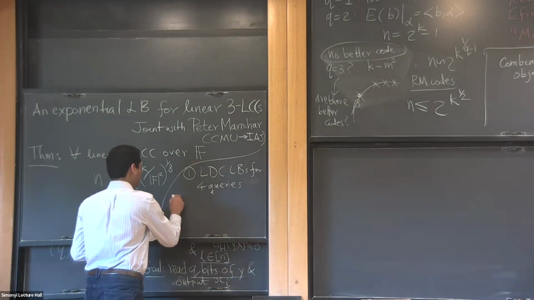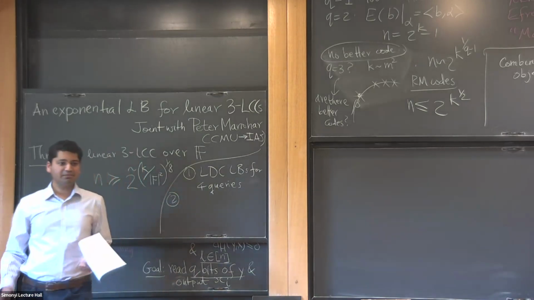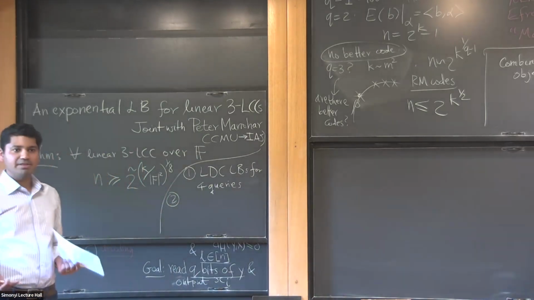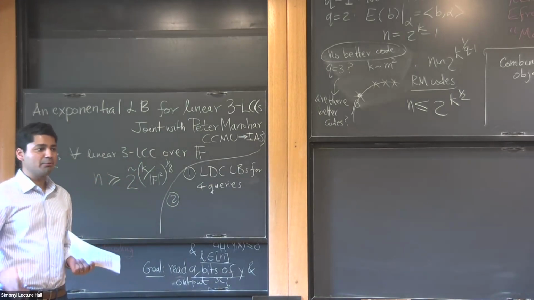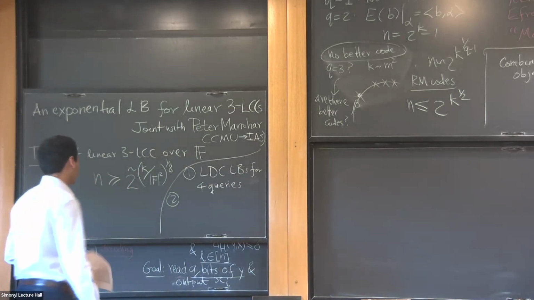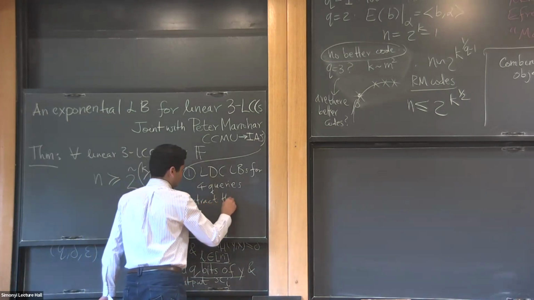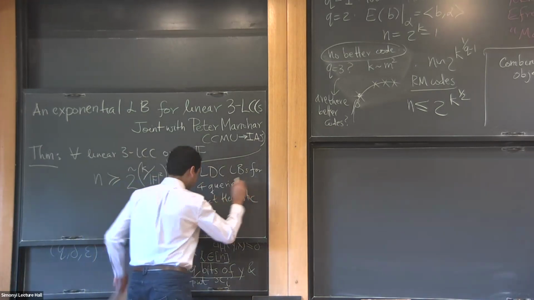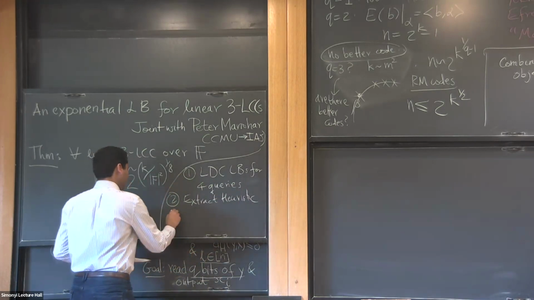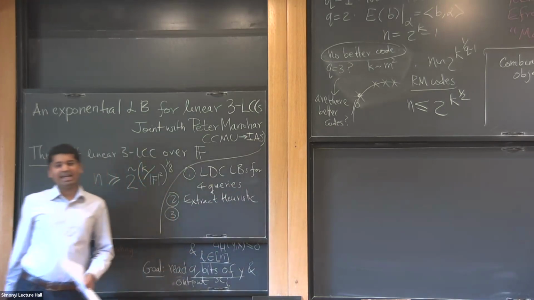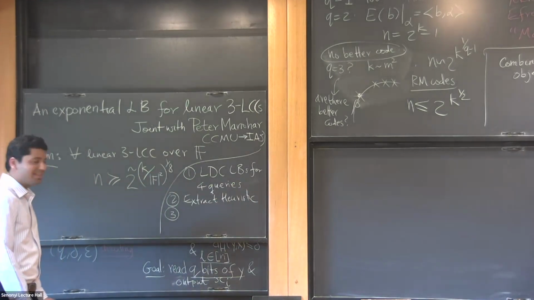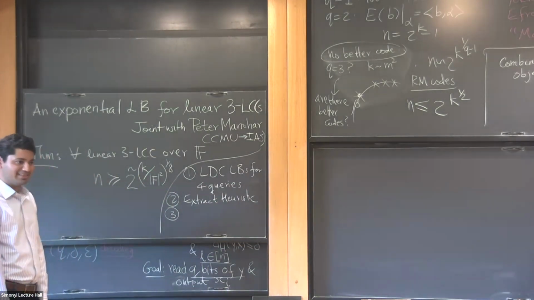Then this will allow me to give you a hand-wavy heuristic for reasoning about when this technique will work. I'll say extract heuristic. And then the third part is to make the heuristic work for LCCs.